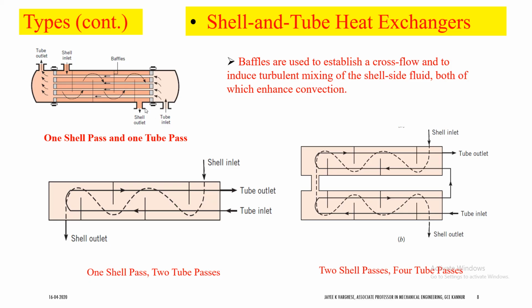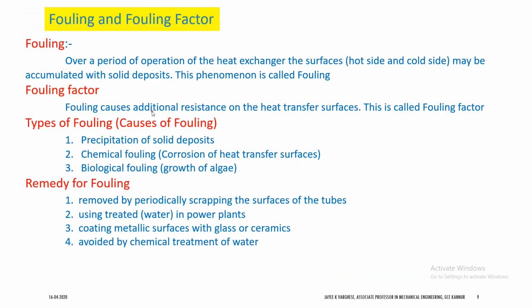Now along with this, we can also have two more points: fouling and fouling factor. So what is fouling? Basically a heat exchanger will be working continuously over a period of time, maybe months together, because a heat exchanger will in many cases be used either in a steam turbine power plant or in process industries.